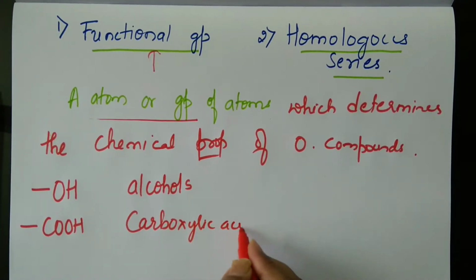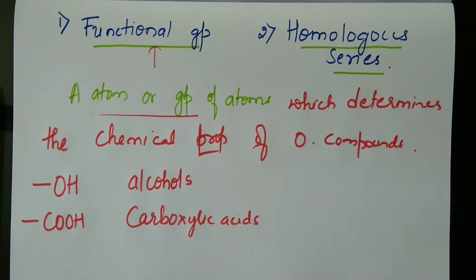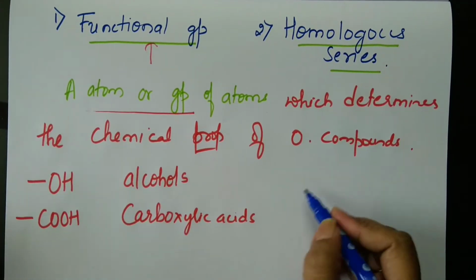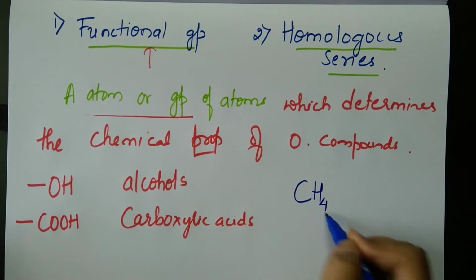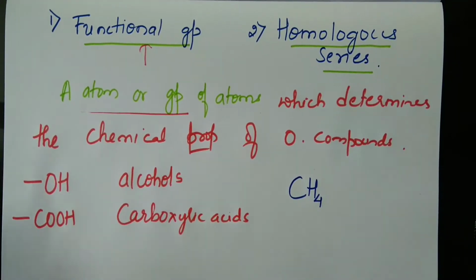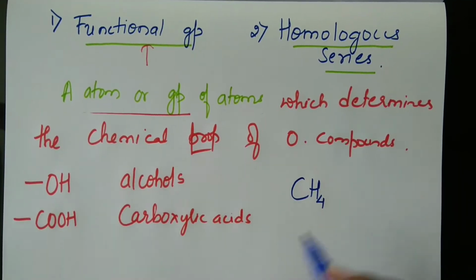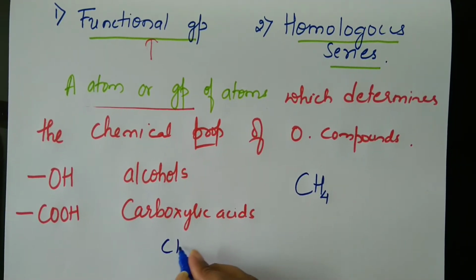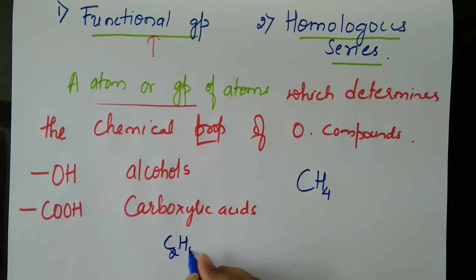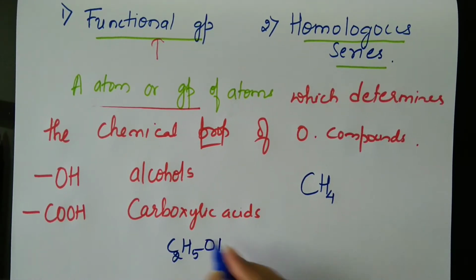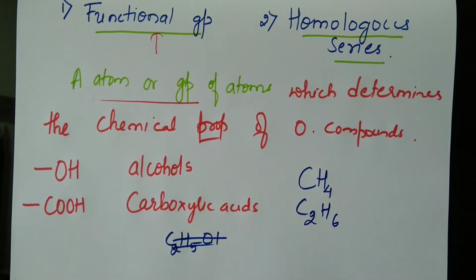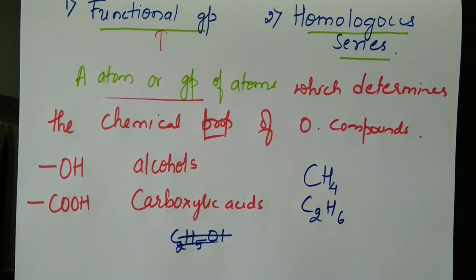So let us try to understand these two things. I have a molecule called methane. I think you have learnt about methane, ethane, propane, butane, etc. in your lower class. So this is methane. The other example I am going to take is ethane, C2H6, another example of alkanes.